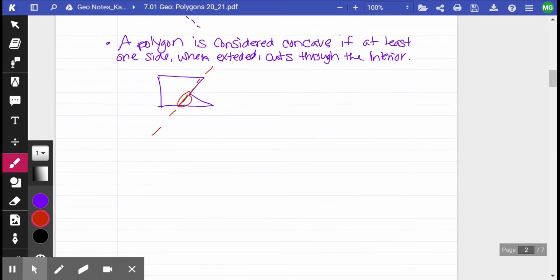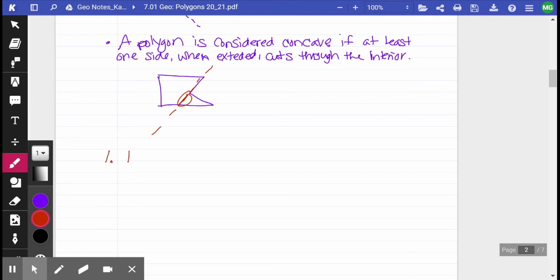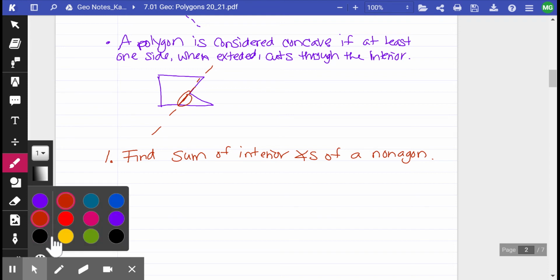All right, now let's start to get into some examples. So let's start with number 1. Find the sum of the interior angles of a nonagon. Okay, so we're really just using our formulas here. And this is where, like I was saying before, it's important that you know the names of the shapes.